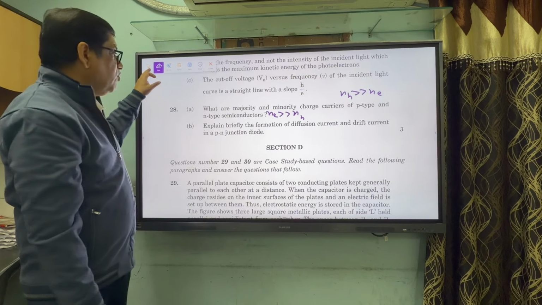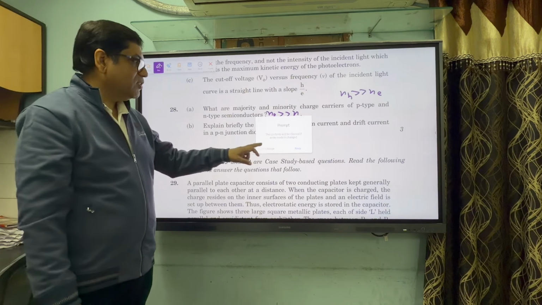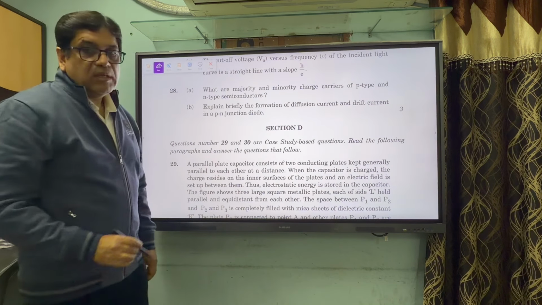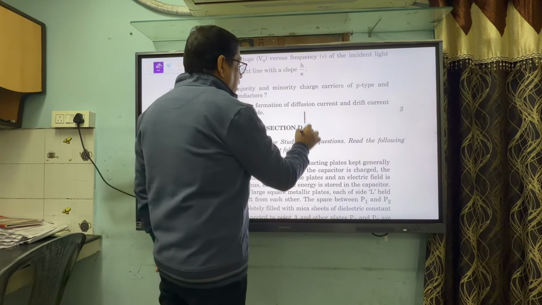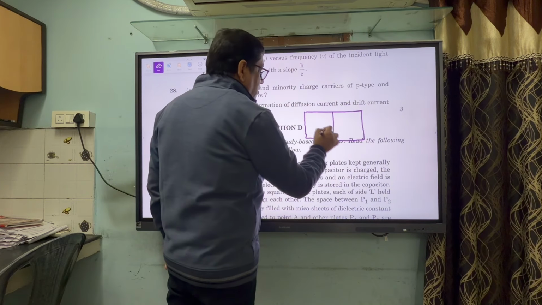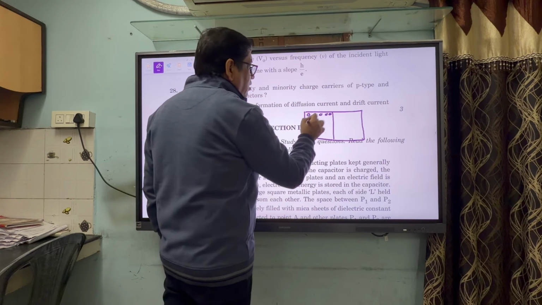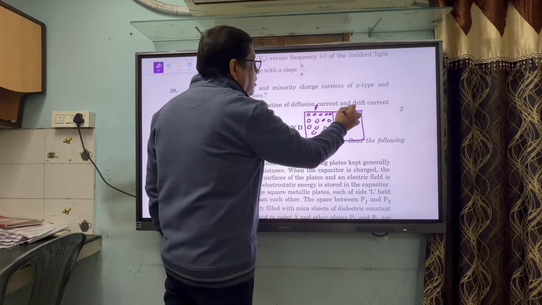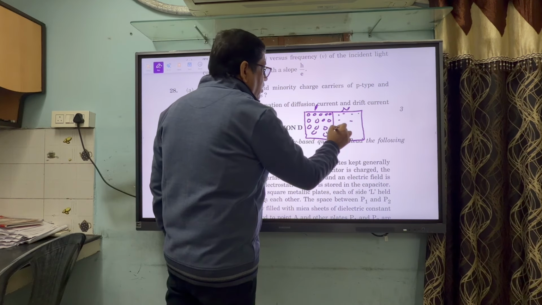Explain the formation of diffusion and drift current in a p-n junction diode. When a p-type semiconductor is placed in contact with n-type semiconductor, in p-type holes are in larger quantity, in n-type electrons are in larger quantity.